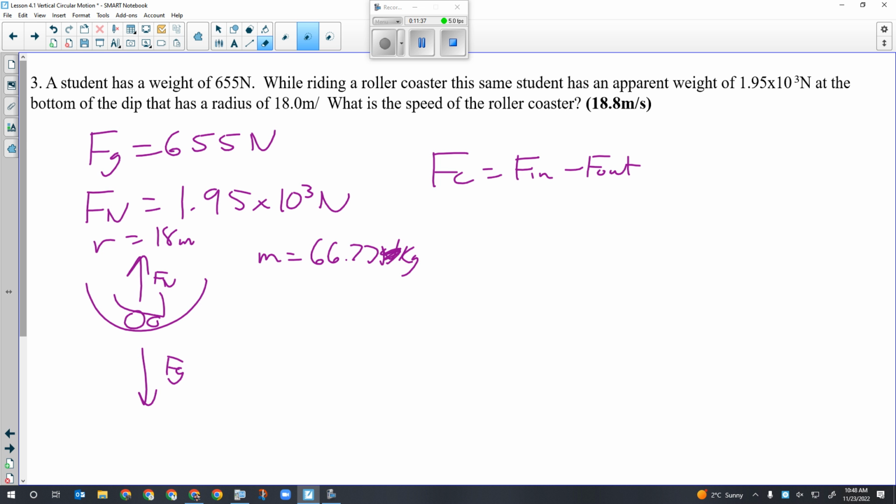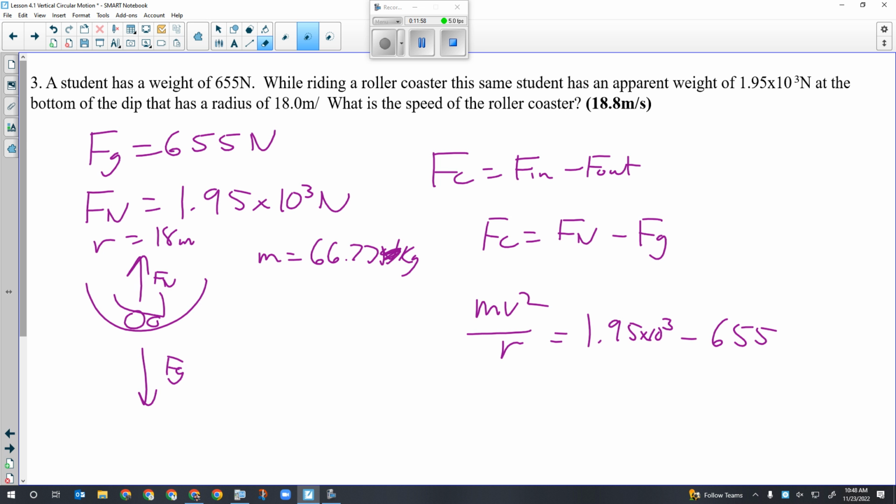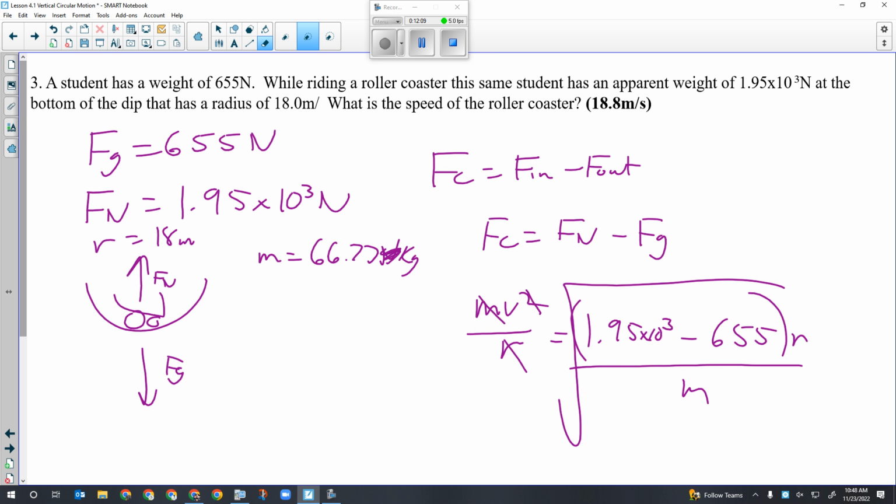Okay, so for this here, we've got Fc equals normal force minus force of gravity. And we are looking for the speed of the roller coaster. That's going to be mv squared over r equals 1.95 times 10 to the 3 minus 655. Okay, we're going to manipulate for v, so I'm going to bracket that and multiply it by r, and then divide it by m, and then square root it, and that will get me v.